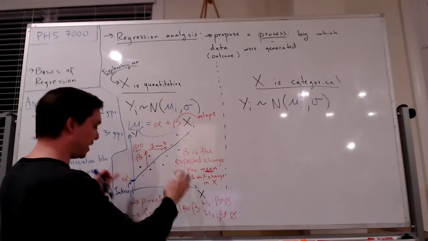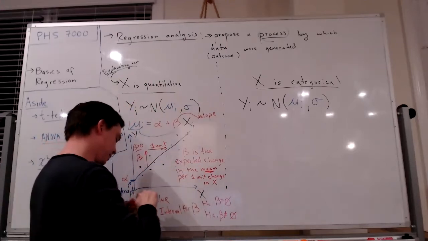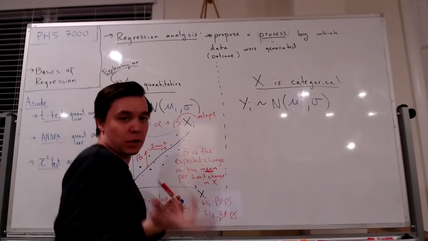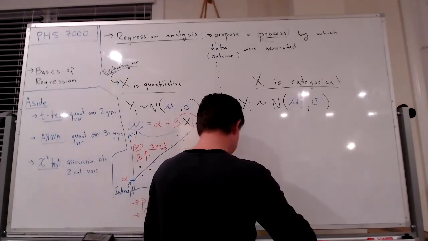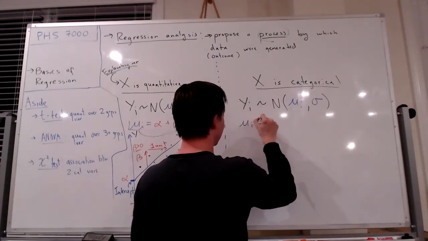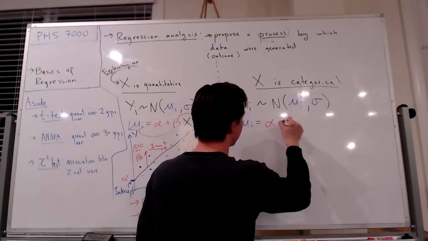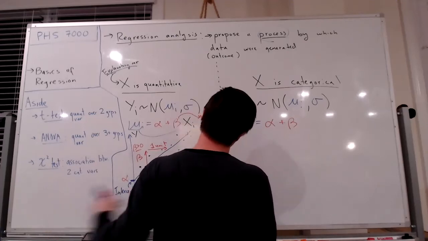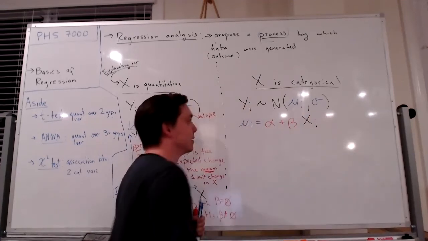That tends to be the classic regression setup, but I just want to take it a little step further. What if our x, still just a single x, is categorical? What changes? Well, I can write this next step exactly the same way: alpha plus beta x_i.